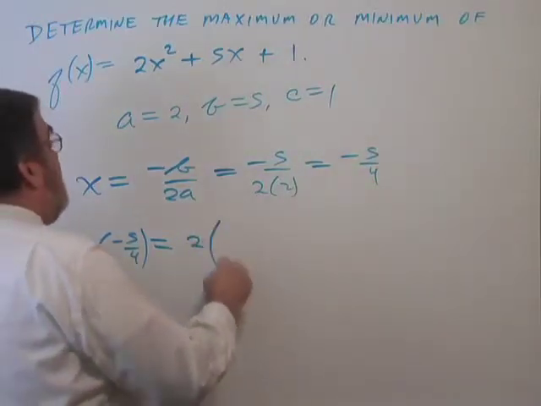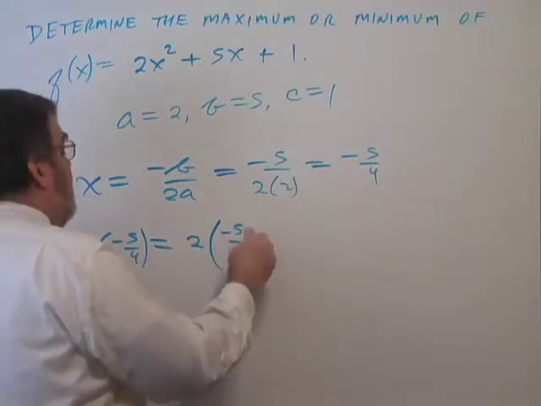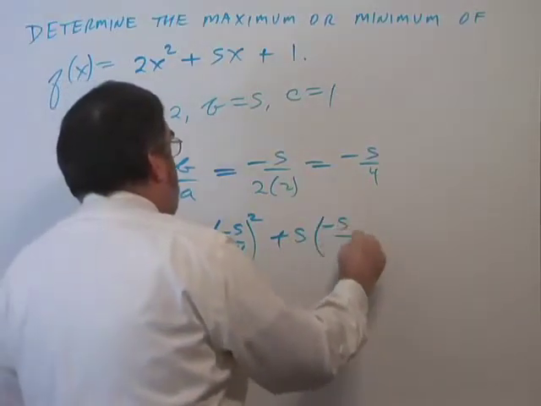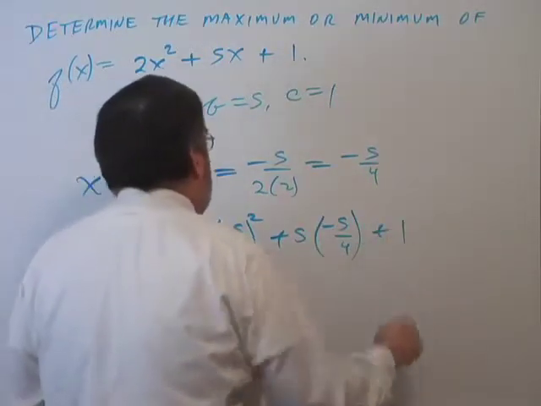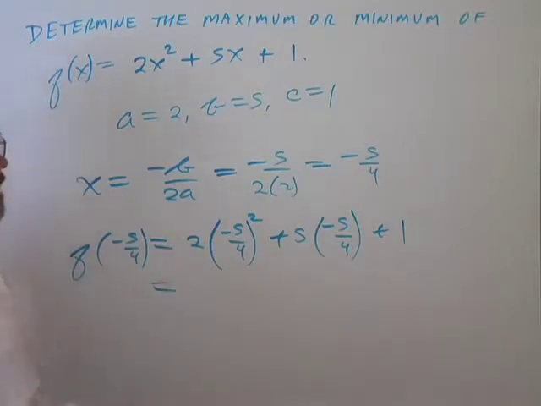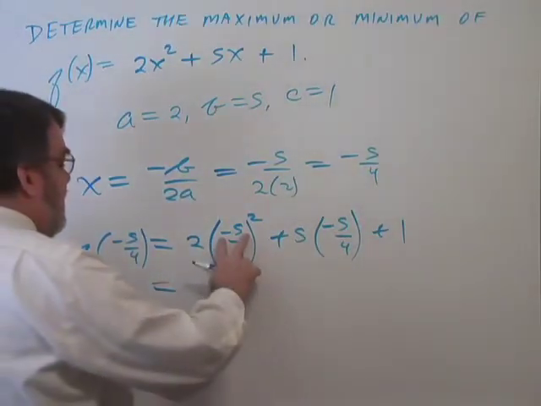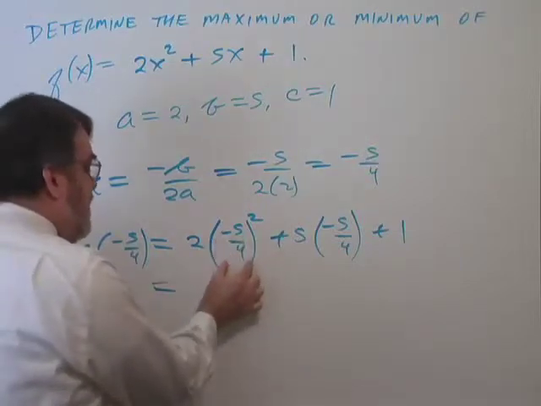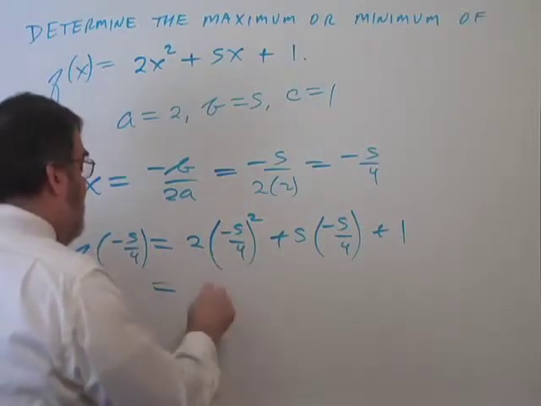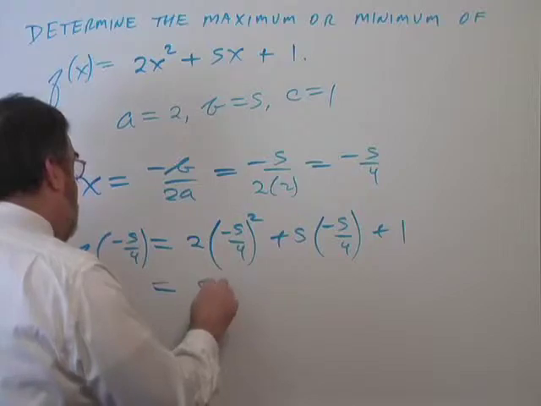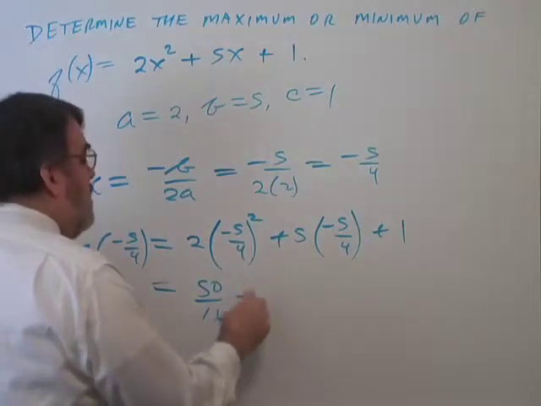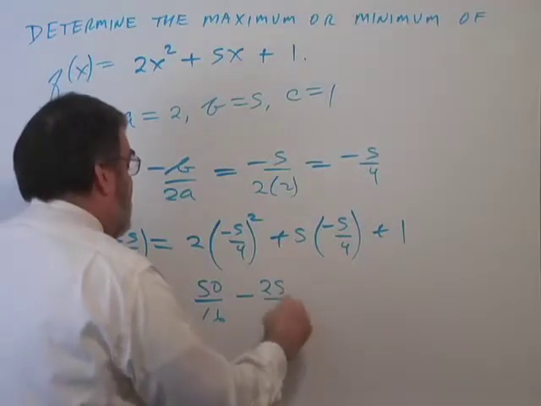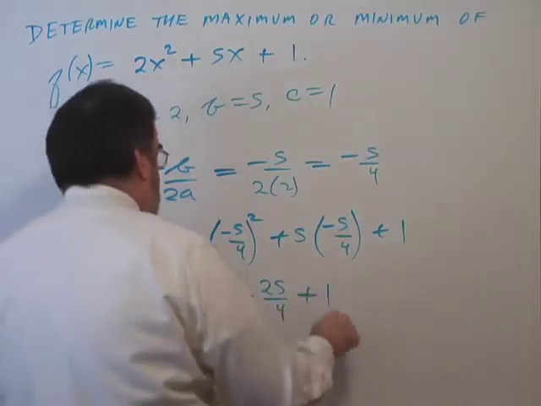So we've got 2 times negative 5/4 squared plus 5 times negative 5/4 plus 1. And let's see, we'll work through this. This is going to be 25/16. 25/16 times 2 will be 50/16. Minus, here I have 5 times negative 5, so it's minus 25/4 plus 1.